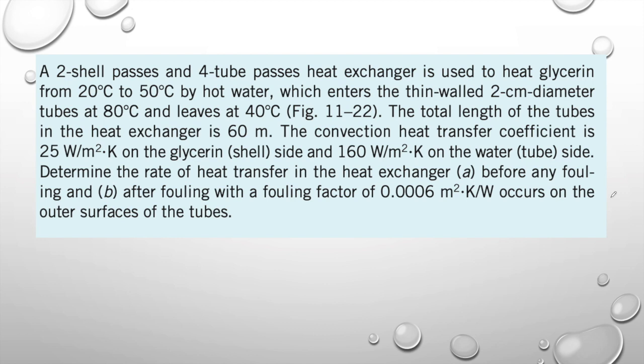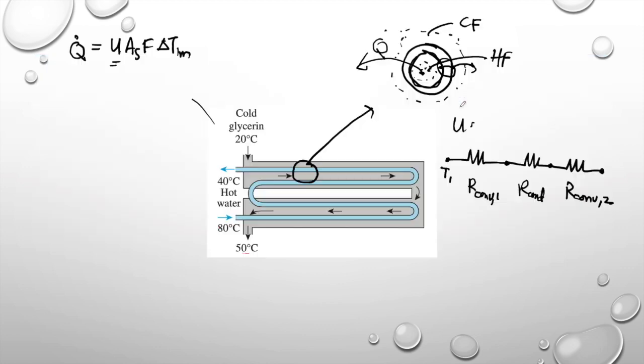Take a look at this statement, which says it has a thin wall. Thin wall means that the wall is too thin. As I mentioned before, when there is a thin wall, we can omit the R conduction. So now your thermal resistance network is simplified to two only.